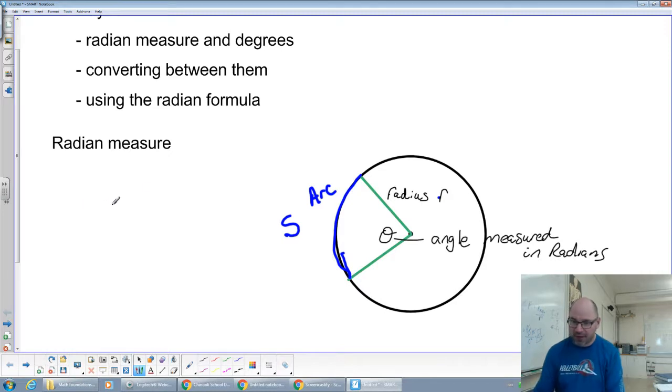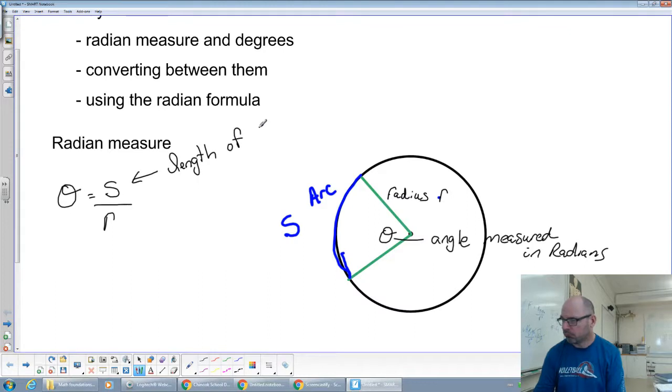So the formula that we have is that theta, the angle in radians, equals the length of the arc divided by the length of the radius. This is the length of the arc. Of course, you have to have the same unit. And this is the length of the radius.